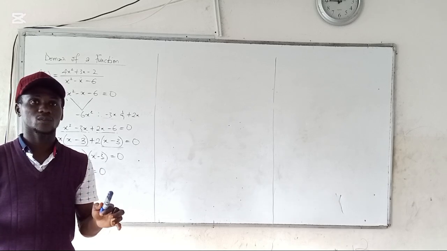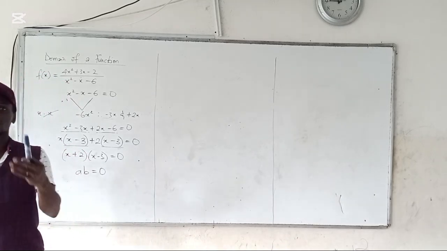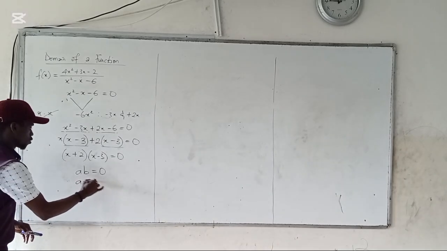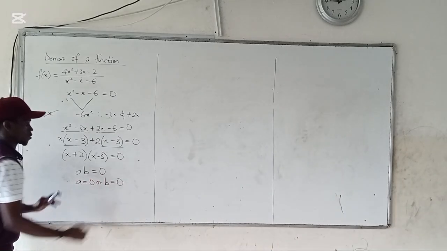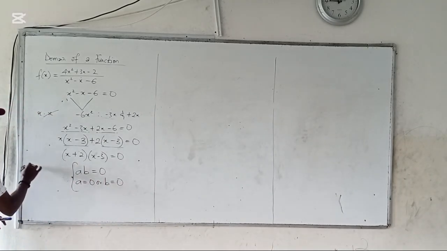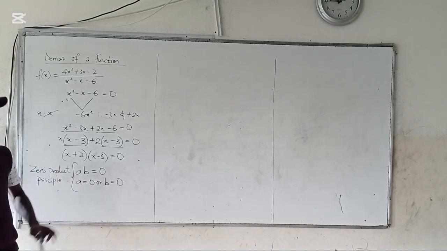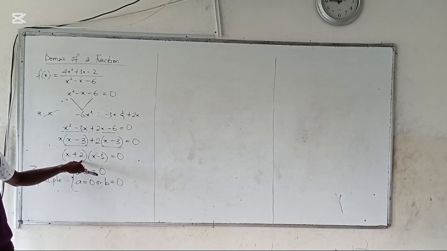It's not possible at all. So for you to multiply two numbers and get 0, one of them must be 0. So it's either a is 0 or b is 0. So this is the zero product principle. That's what we apply here to get our values for x.